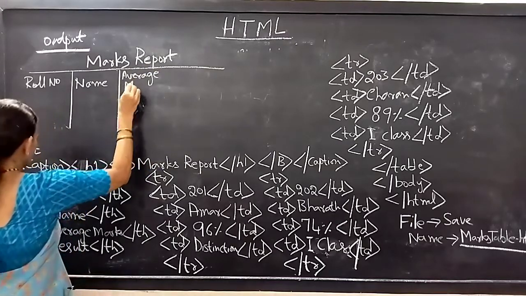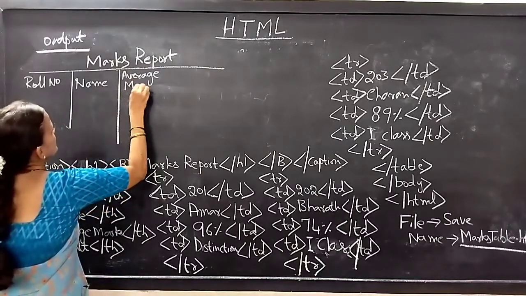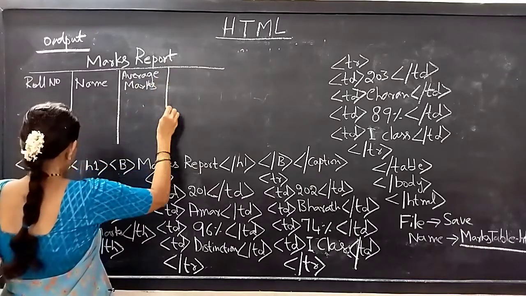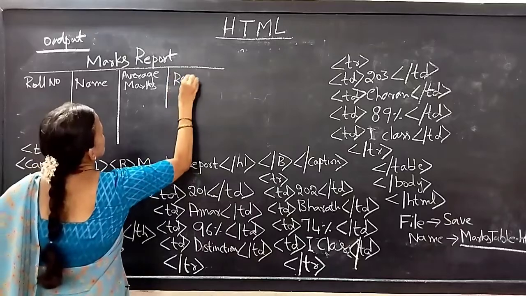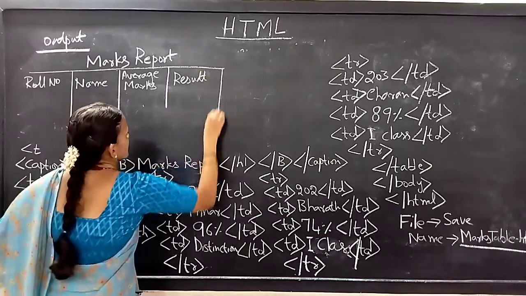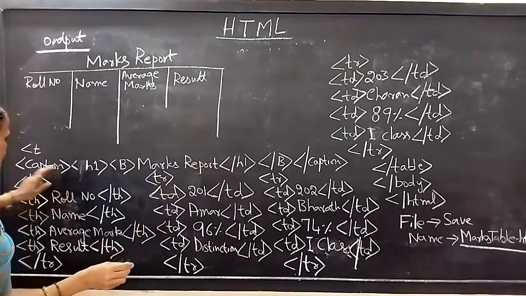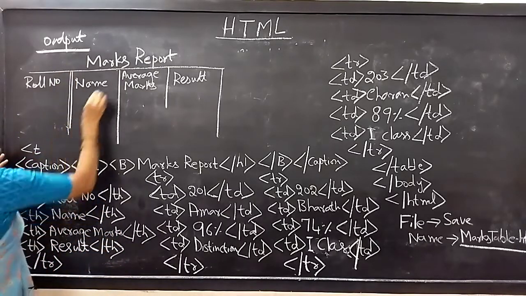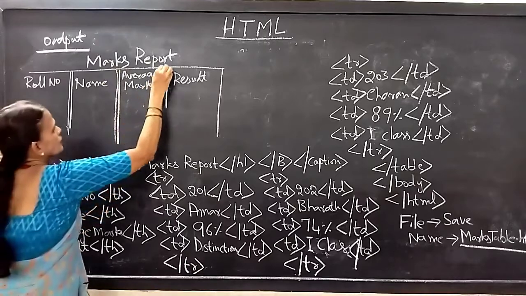Whatever we give in TH, you get as a column heading, average marks, that result. And here we gave table border equal to 2, so you will get two lines like this.